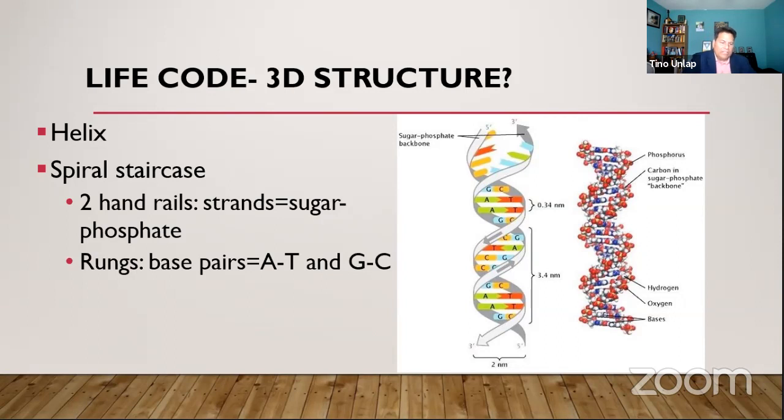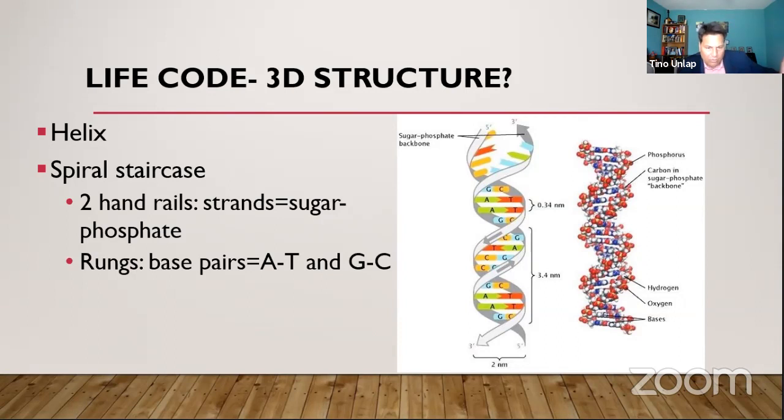So the code is written in letters one after the other in one strand. And then the opposite strand is holding, again, a series of letters that are completely opposite, and we call it complementary to the letters on the one handrail, all right? The strands or the handrails are made up of alternating units of sugar and phosphate molecules. And the steps, the rungs in this staircase, are made up of two letters interacting together to make up one of these rungs.